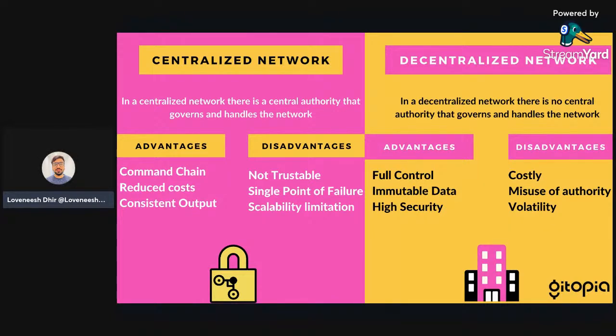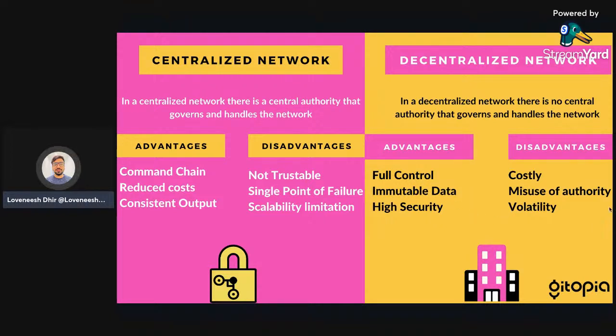Because there is no flow of data between the servers. So this is a very big disadvantage in the centralized network. The third disadvantage is scalability limitation. In most of the centralized networks, a single big server is used, and it leads to scalability limitations.